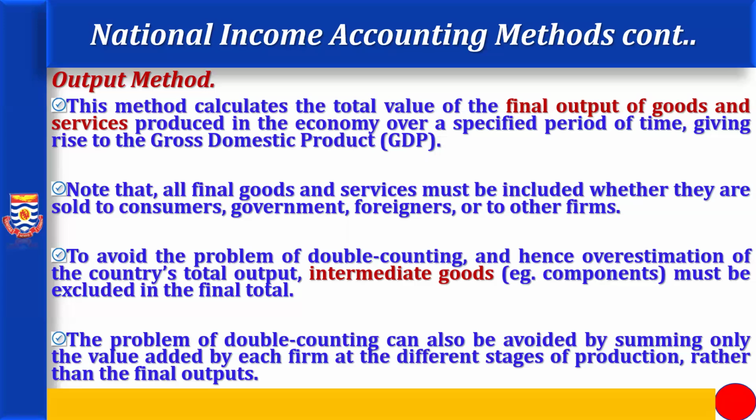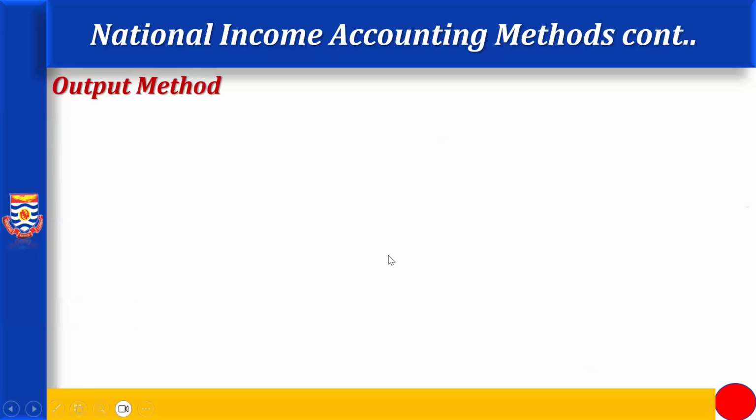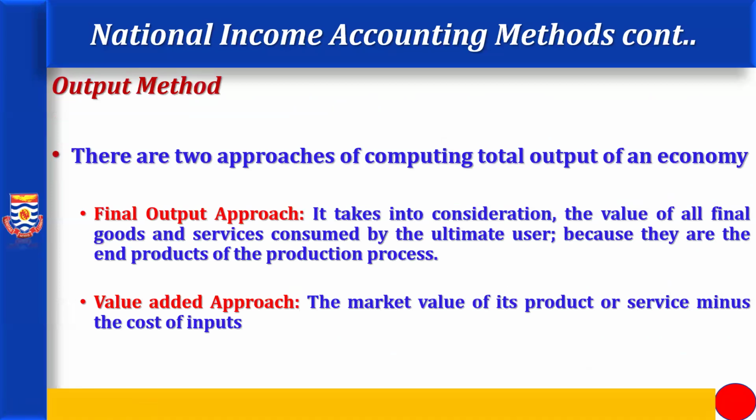You should get the same answer. All these things are aimed at avoiding double counting. So if you want to compute the total output of an economy, you can go the final output approach, or you can do the value added approach. Two approaches: the final output approach or the value added approach.